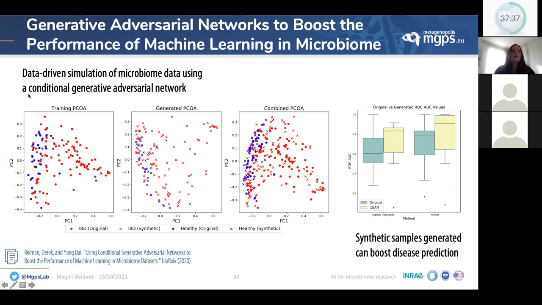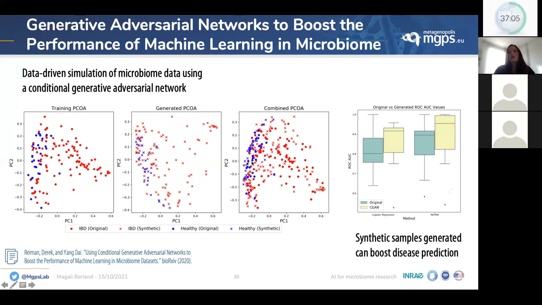What you can see here illustrates a data-driven simulation of microbiome using the generative adversarial network. Here you have the original data with the IBD individuals in red and healthy people in blue. And here you have the simulated data, same for IBD and for healthy.